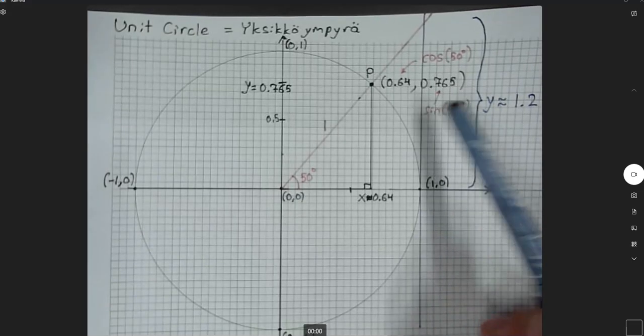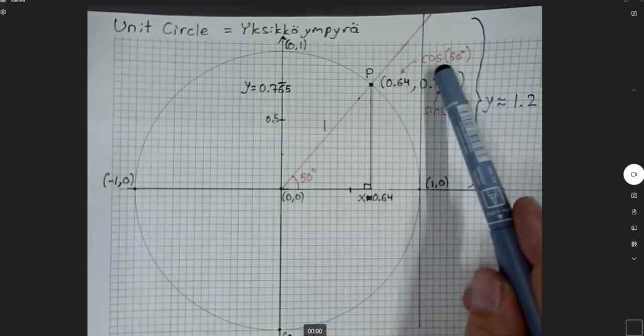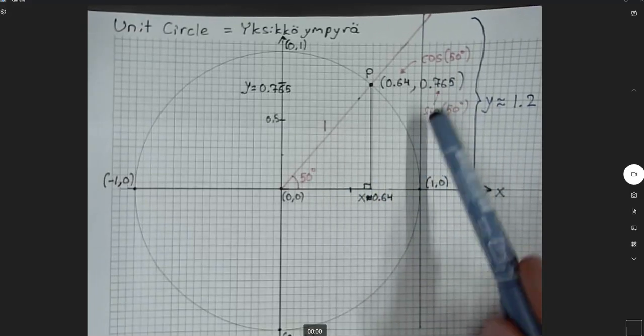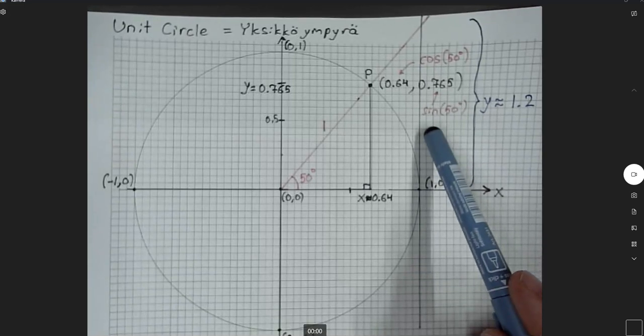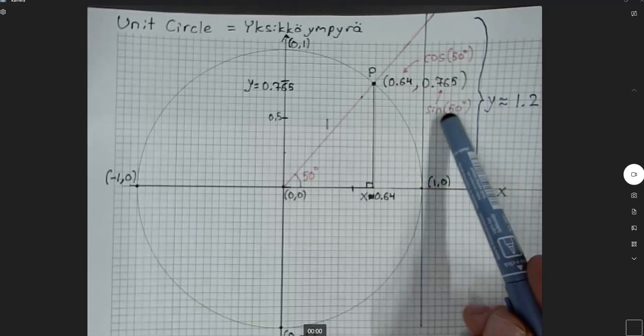And we saw that the x coordinate always tells the value of cosine of that angle, and the y coordinate tells us the value of sine of that same angle.